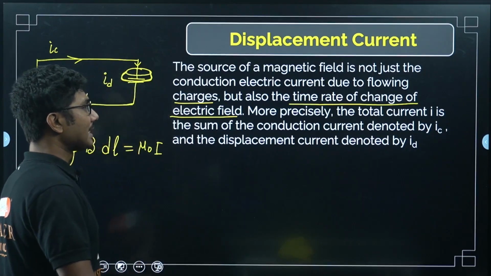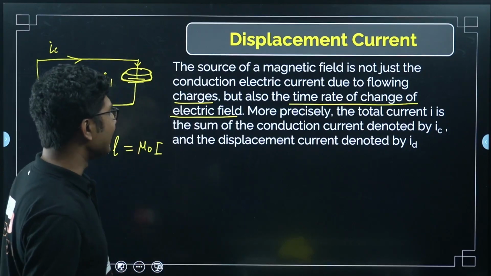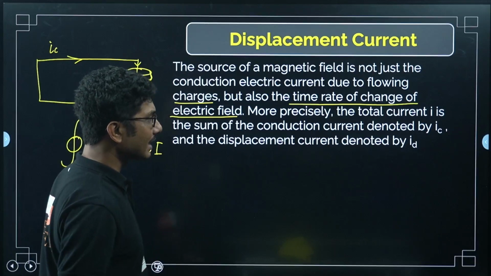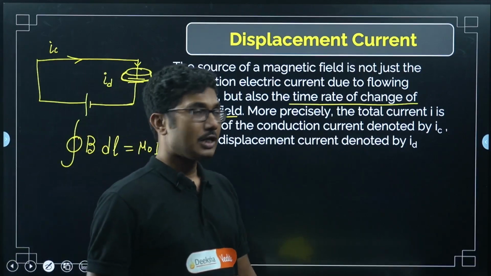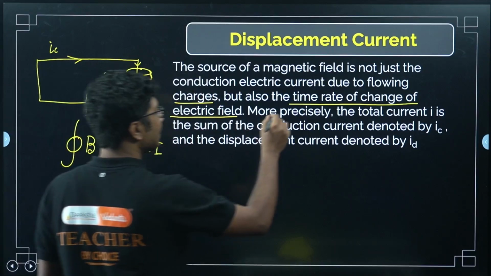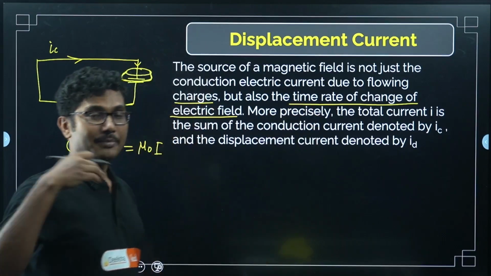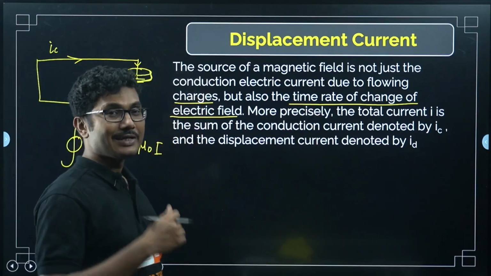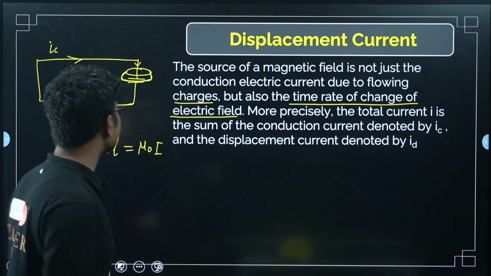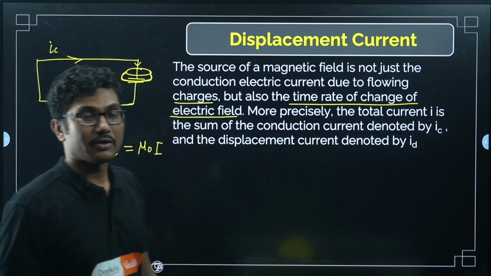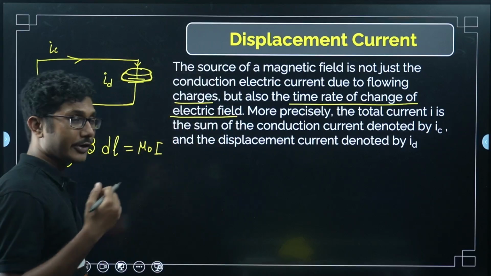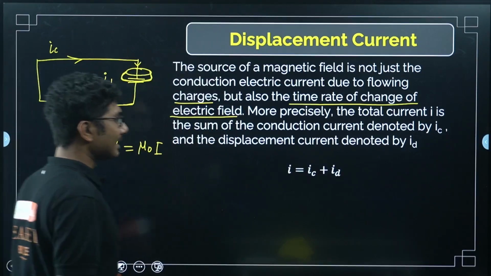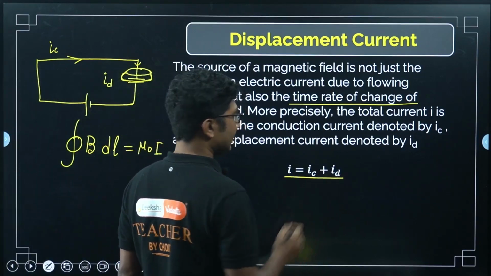More precisely, the total current I is the sum of the conduction current IC and the displacement current ID. The current due to the time rate of change of electric field gives the displacement current, and the flow of charges, the flow of electrons, gives the conduction current IC. So the total current in a circuit is always given by IC plus ID.